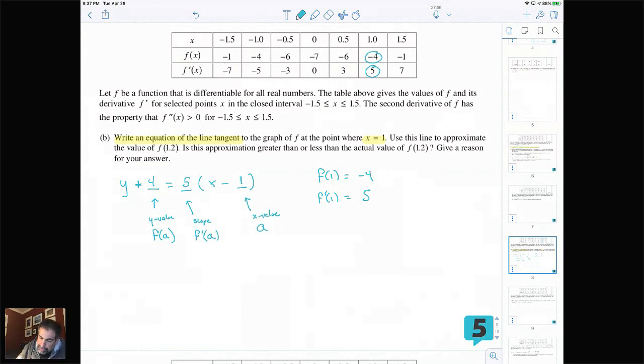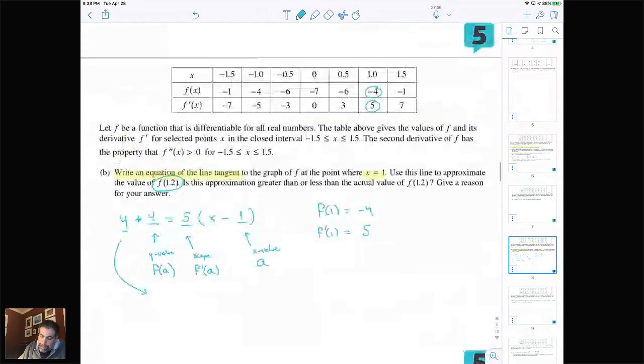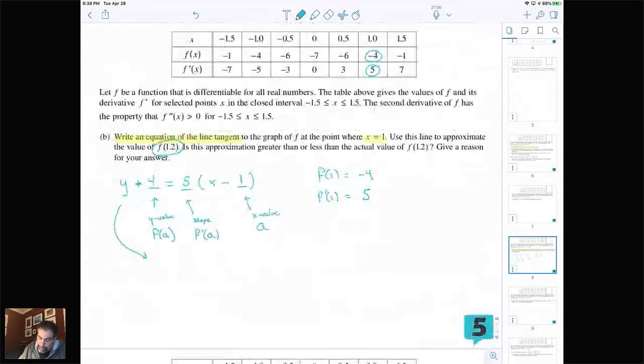Use this approximation to approximate f of 1.2, all right? The way I would recommend you do that is I would say take that line equation you have and now solve it for y. So this is going to be y is equal to, and all I'm going to do is subtract 4. I'm going to put 4 on the other side, equals subtract 4, it's going to be plus 5 times x minus 1.